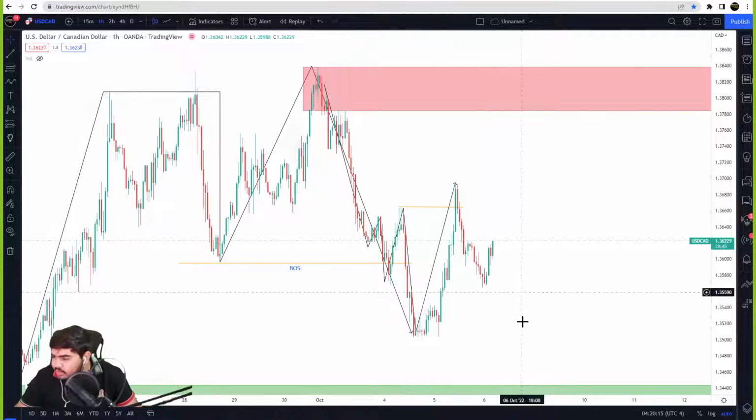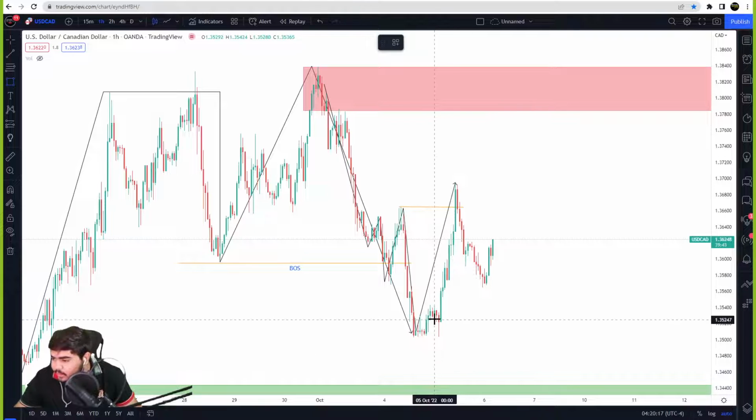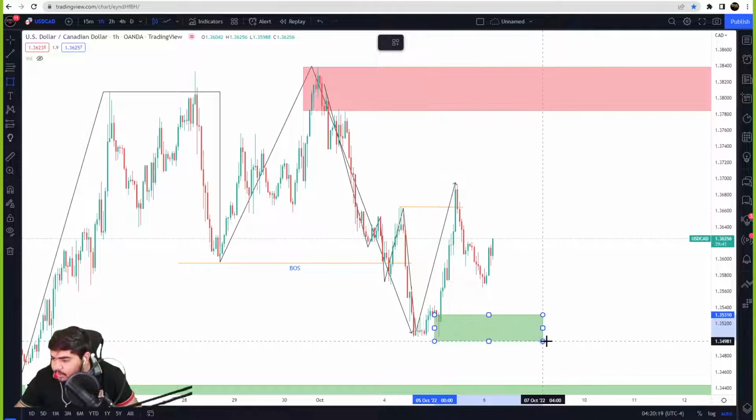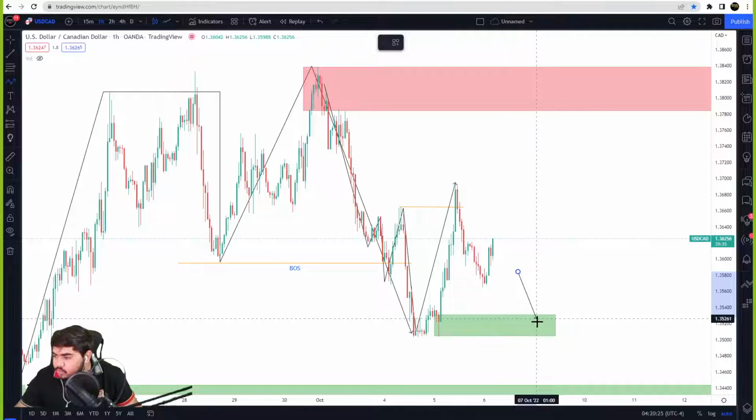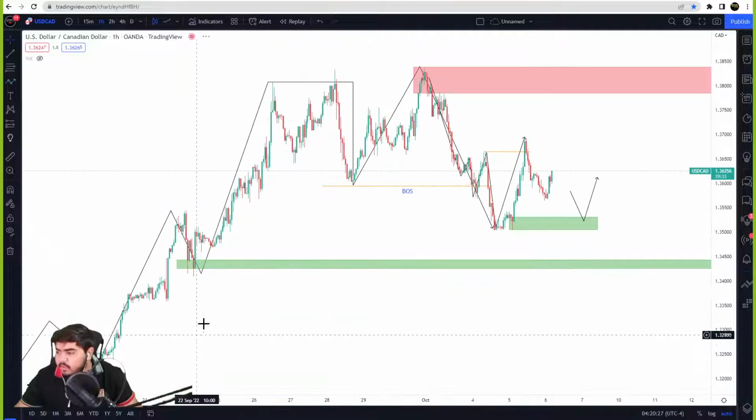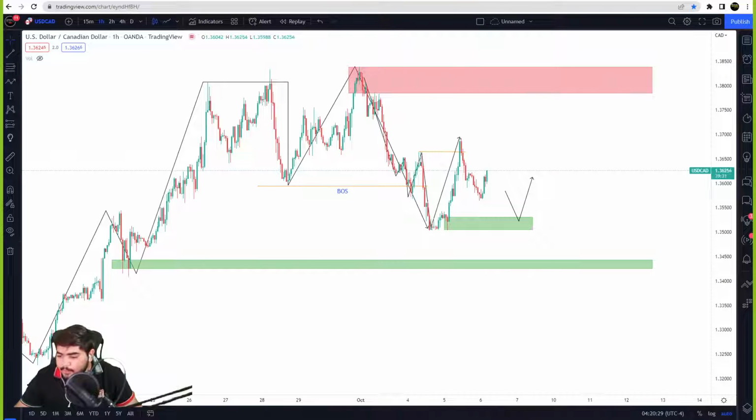First, if we see a deeper pullback, then I would be interested in buying around this area, because I'm expecting some sort of bounce to the upside from this level. And on a continuation higher, I would be looking for selling trades around this area, based on the 4 hour time frame area of resistance.